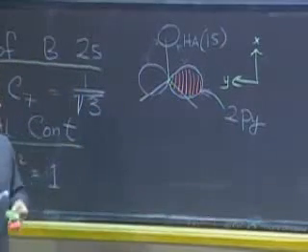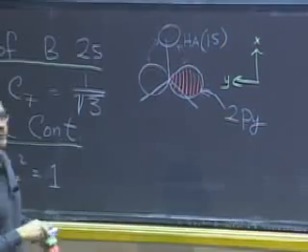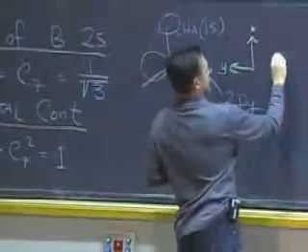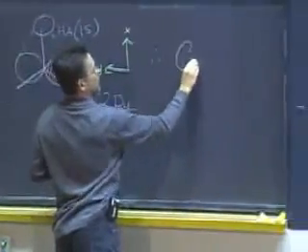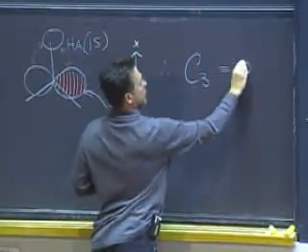And that means that we know the value of C3. We can say, therefore, C3 is equal to 0.